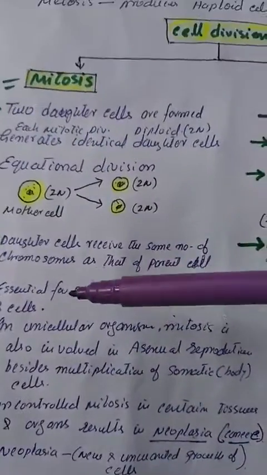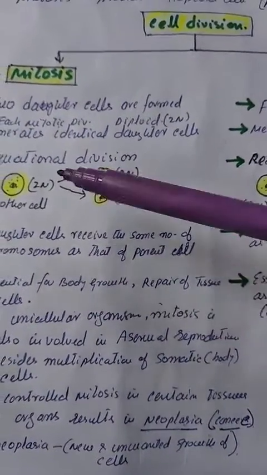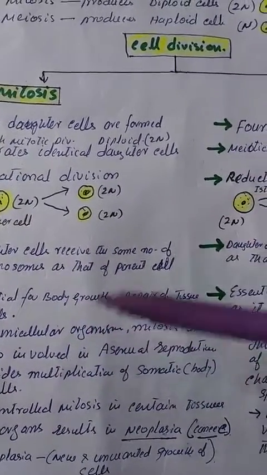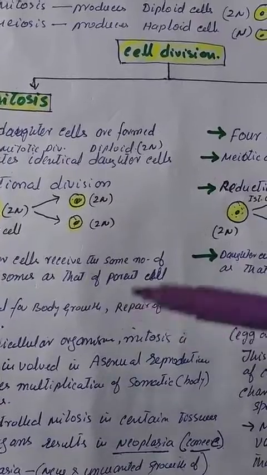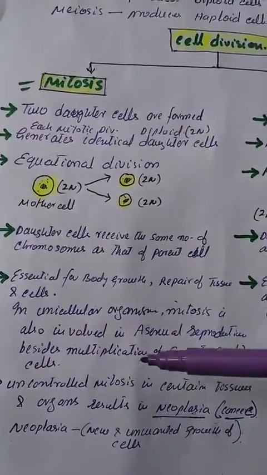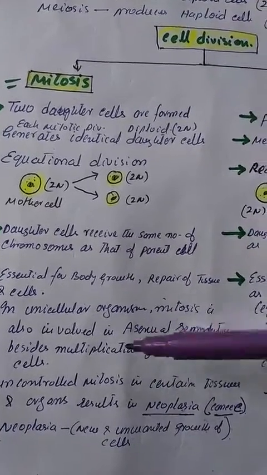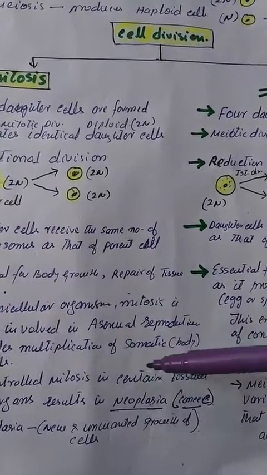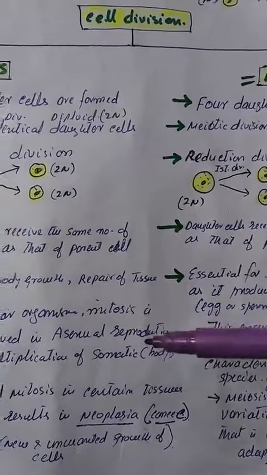The other difference between the two is that mitotic cell division is essential for the growth of the body and for repair of tissues and cells, and in unicellular organisms, mitosis is also involved in asexual reproduction besides multiplication of somatic or body cells.